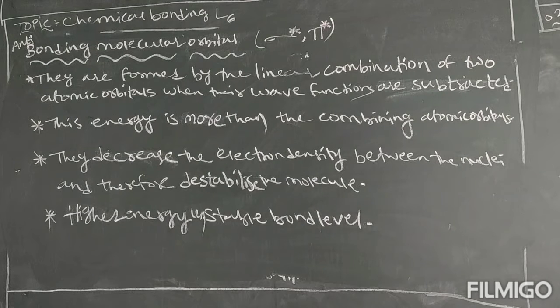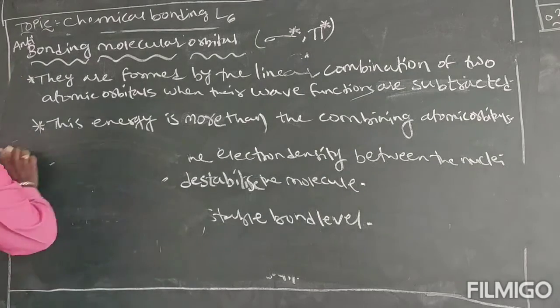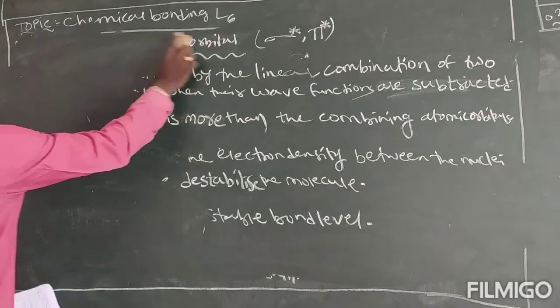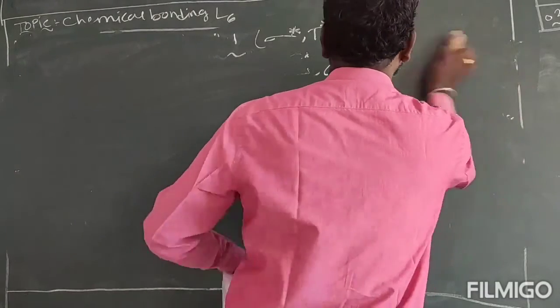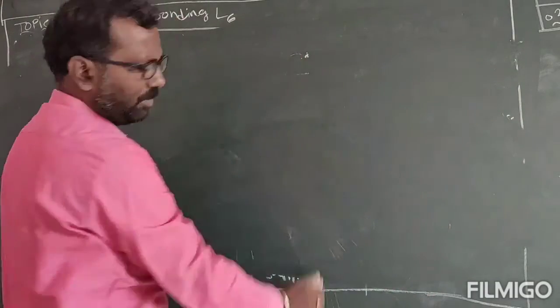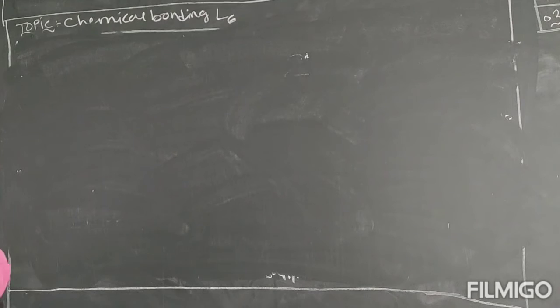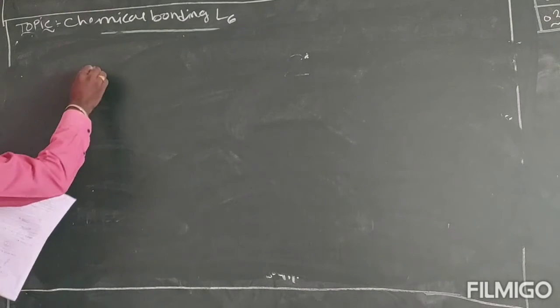Higher energy, unstable bond level will be there. Okay. So just like a sigma bond and pi bond, I will show you in a diagram how the sigma star and anti-bonding will be there, with the node and everything, so that it will be easy for you.